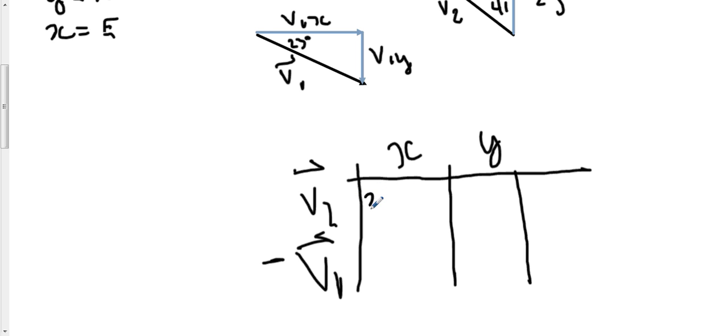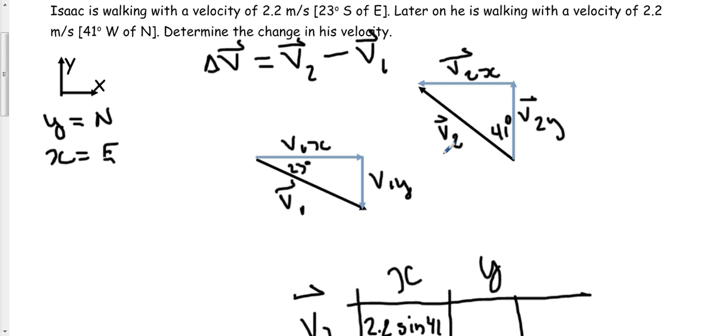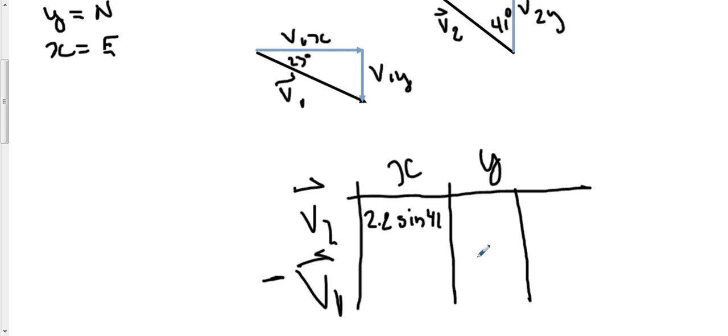So this one's going to be 2.2 sine 41. Now let's look at the y component for v2. It's the adjacent, so it's the cosine. So it's 2.2. I'm going to erase that line just because I don't need it.